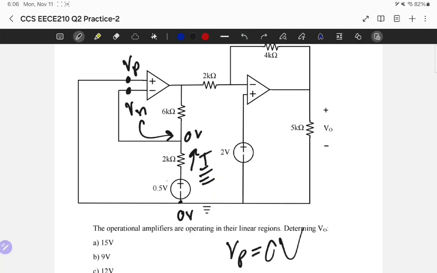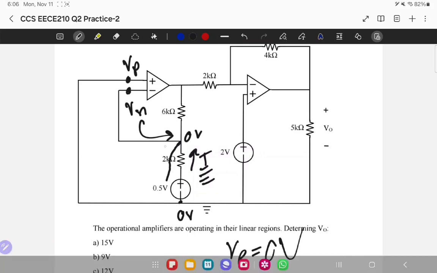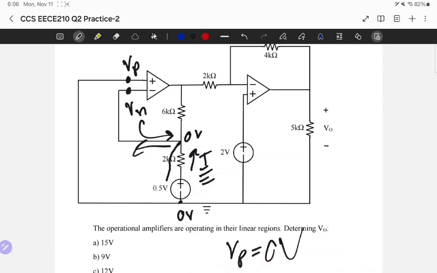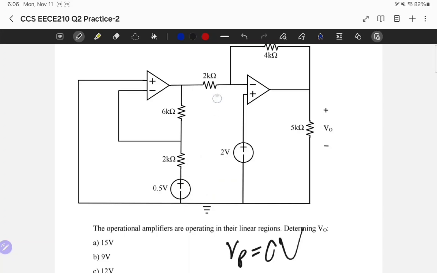Now, I is gonna move like this, and it's gonna go into this node, but nothing flows into the op amp. The current flowing into the op amp is 0, so the current I goes and continues upwards. So this current right here, which is I, is exactly the same as this one here.